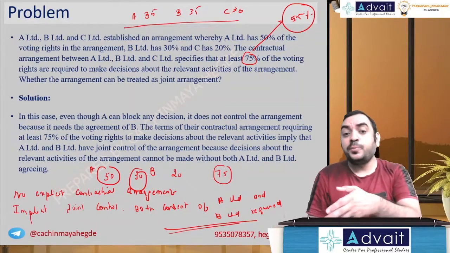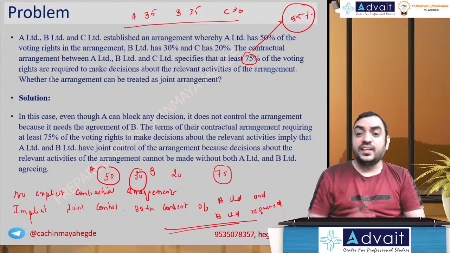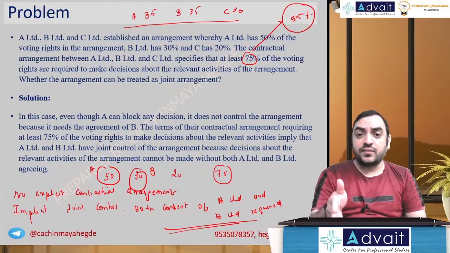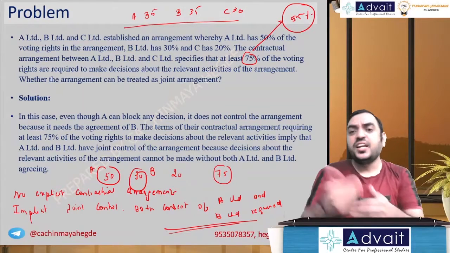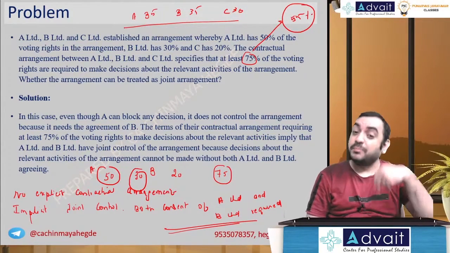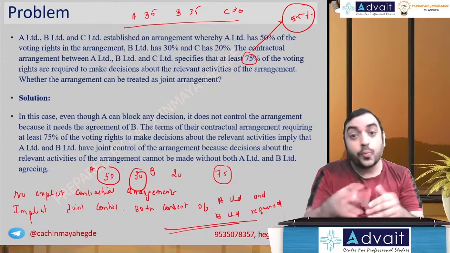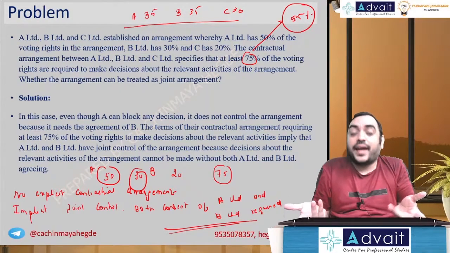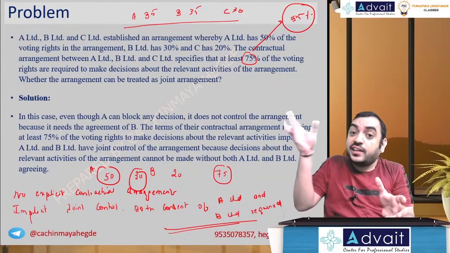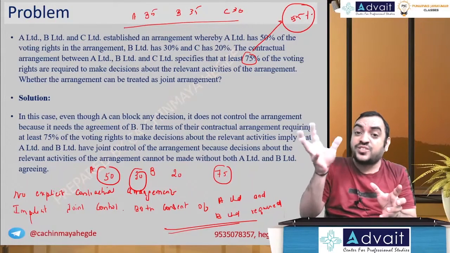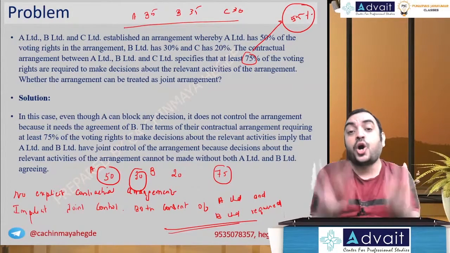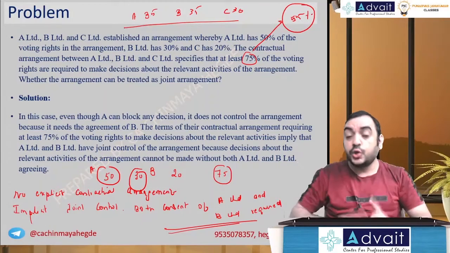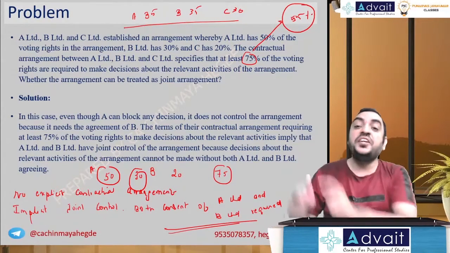No. So A and B, 35, 35, 70, it will cross 55. So can we say A and B have joint control? No. Sir, A and B, 35, 35, 70, they can make the joint decision. They can make the joint decision, but are they obliged to do it? No, right? If A and B have a contractual arrangement between themselves that we have to agree upon, then only will we make a joint vote.